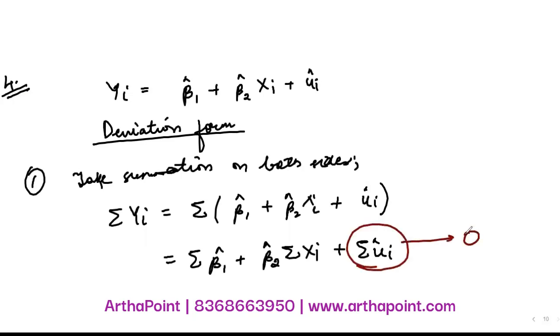The sum of the errors is 0. So this will be n beta 1 hat plus beta 2 hat summation xi is equal to summation yi. I can take this forward, divide throughout by n, and I will get y bar is equal to beta 1 hat plus beta 2 hat x bar.